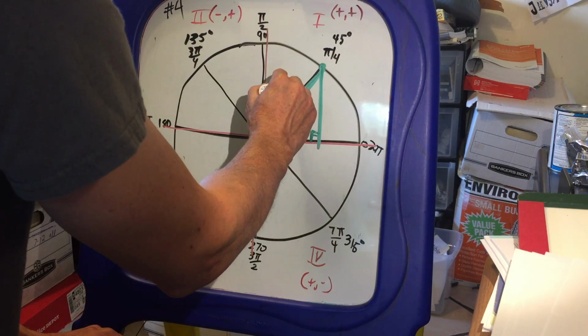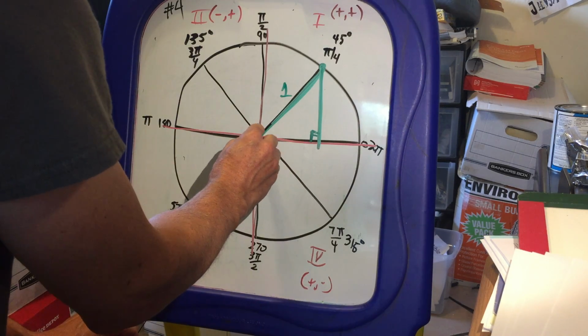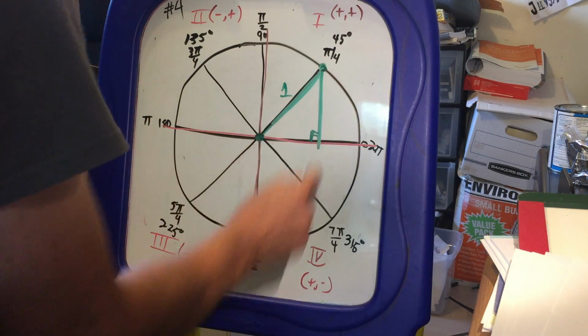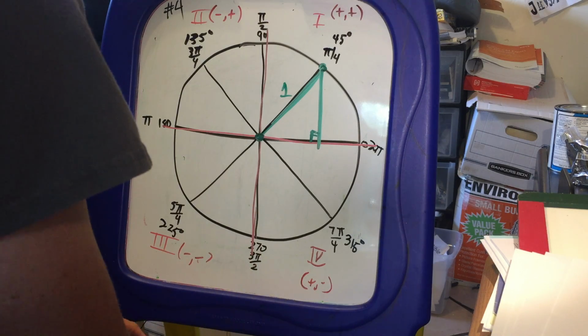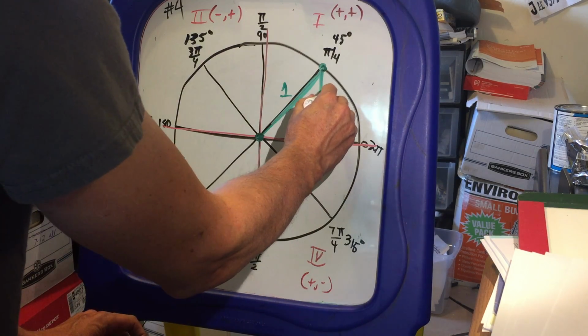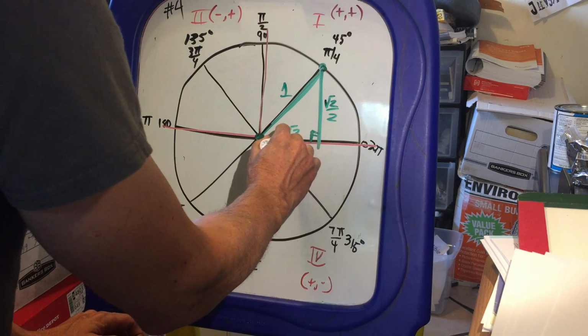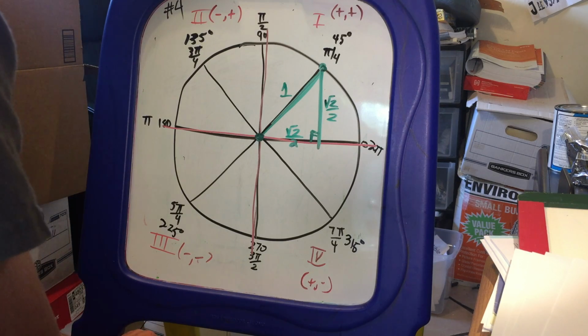This is the hypotenuse of the reference triangle. It's the length of the radius of this circle, isn't it? There's the center of the circle, there's where I am on the circle. This length is 1. It's a unit circle. If that's 1, then this is root 2 over 2, and this is root 2 over 2. If you didn't watch the other videos, this was in the third video.